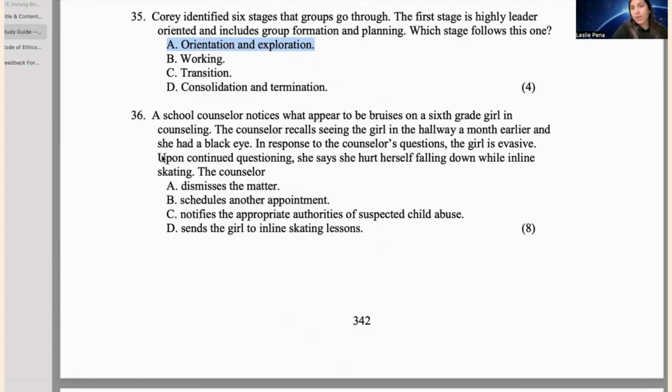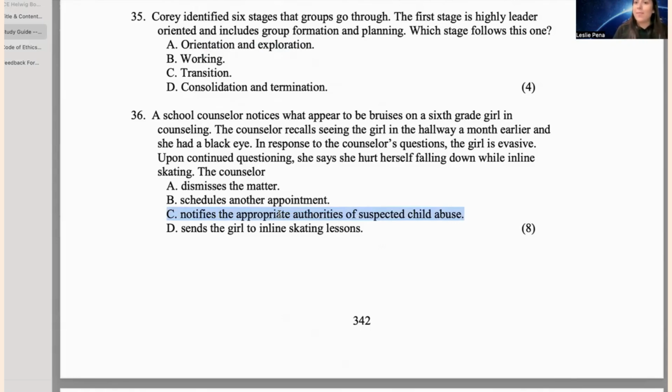One thing you do not play around with, no matter what professional opinion, and I know this because as an educator, we're also told this, is if you suspect abuse, you report abuse, no matter what. So you notify the appropriate authorities of suspected abuse. If they're not abusing their child, that's fantastic. Nothing happens. But if they are and you did nothing to prevent it, then something bad could happen to that child.